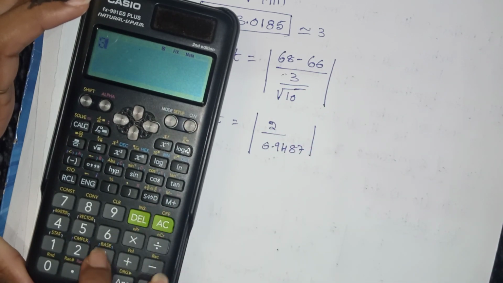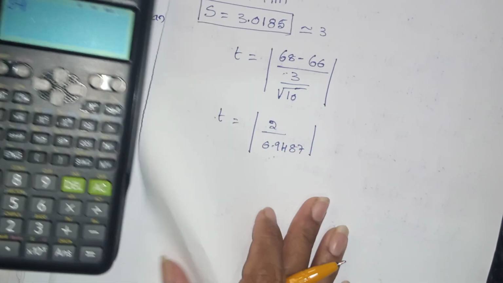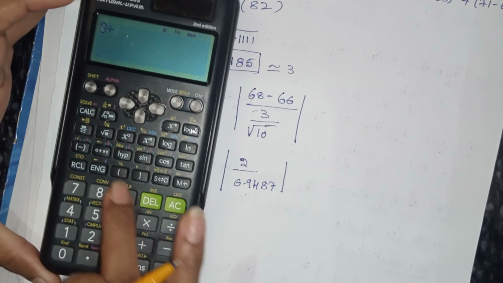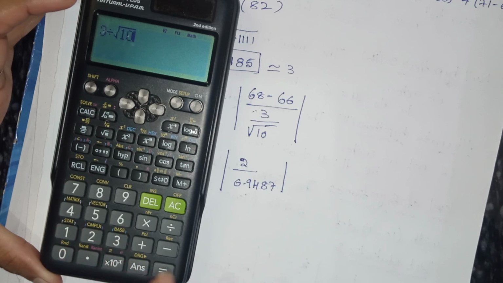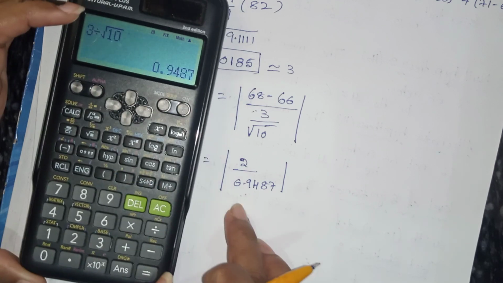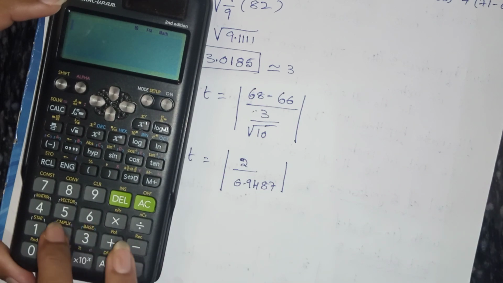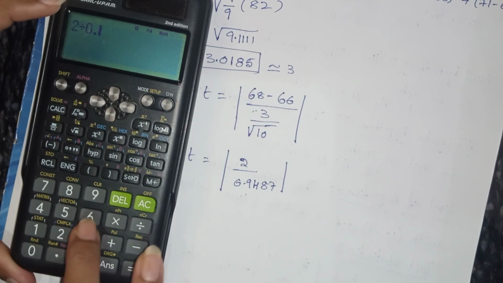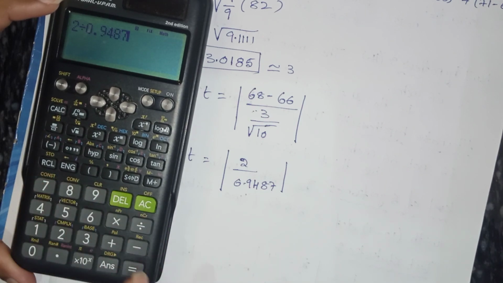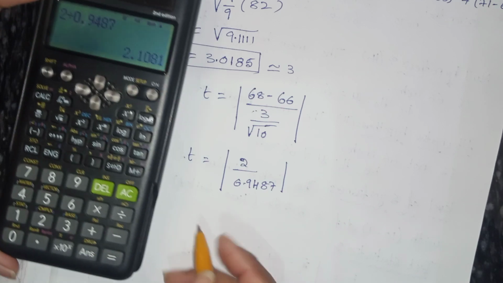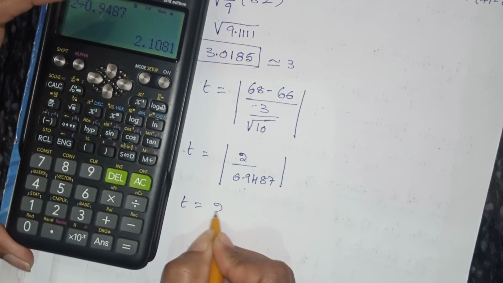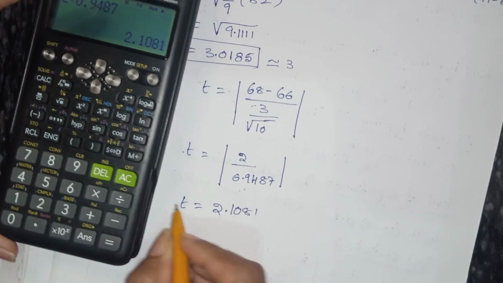So 3 divided by root 10 only, no? Here the formula is, yes, root 10. So 3 divided by root 10 equals to 0.9487. So 2 divided by 0.9487. So how much did we get? So t equals to 2.1081.